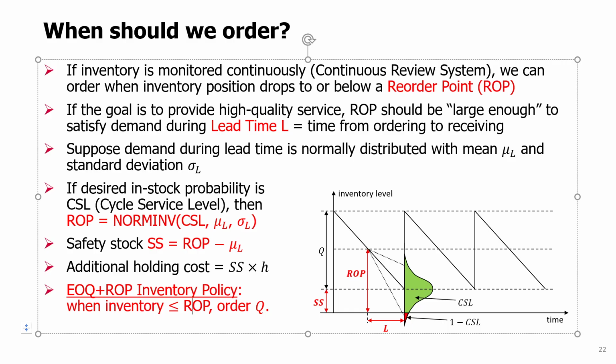So this is ROP from the reorder point setting, and this is Q from the EOQ model. That's a policy, and of course it works only if you have a continuous review system, so some kind of information system that can observe inventory continuously and react the moment inventory drops to ROP or less.